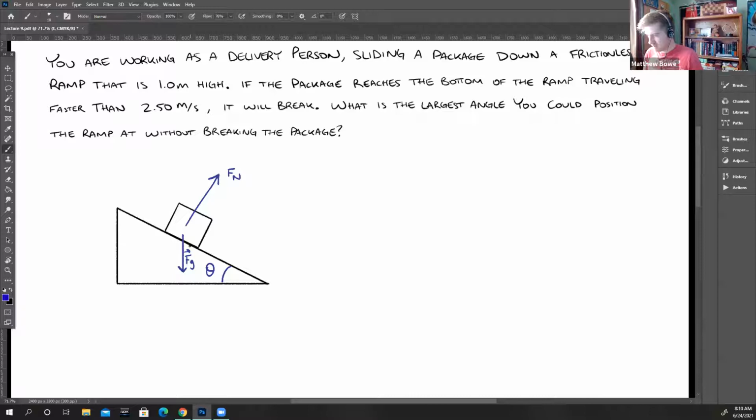Let's maybe get used to shifting our perspective by finding the x and y components of this force due to gravity. So what do I mean by x and y? Typically, on all of our graphs, we've had x as completely horizontal and y as completely vertical.